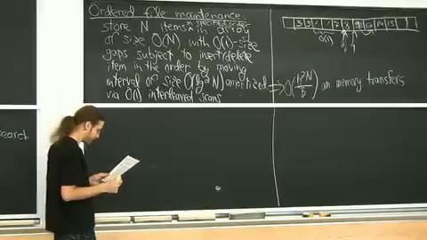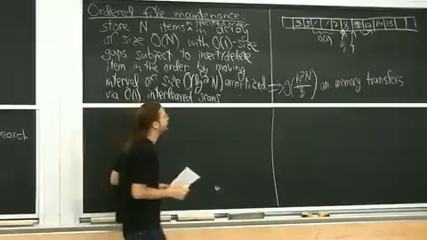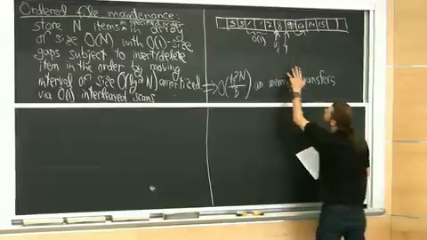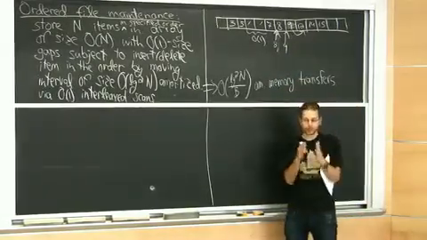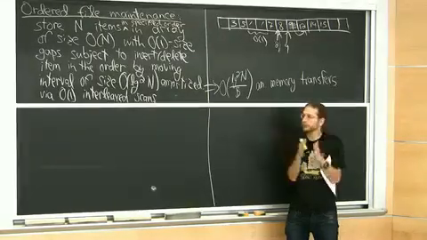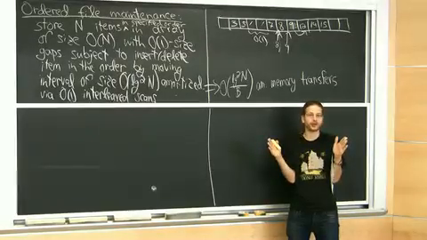Now let me tell you how this is going to work. A rough idea is very simple. You have your array, and when you insert an item, what we want to do is find an interval containing that item of some reasonable size that's not too full and not too sparse.